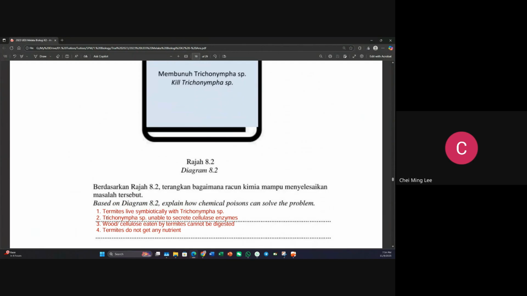The termite lives symbiotically with the Trichonympha species. If you harm it, it will not be able to secrete the cellulase enzyme. So the wood or cellulose eaten by the termite cannot be digested. So the termite will not get any nutrient, and bye-bye.